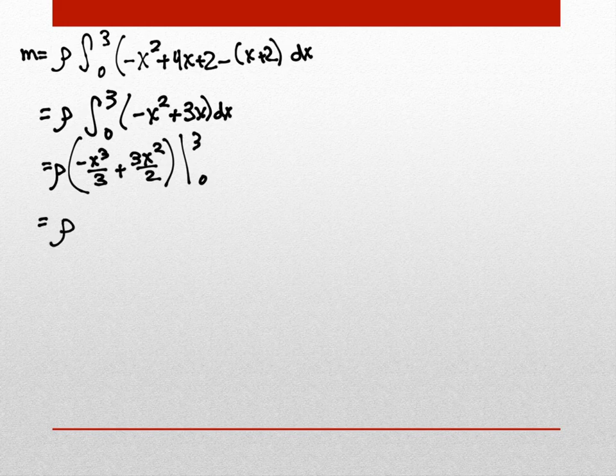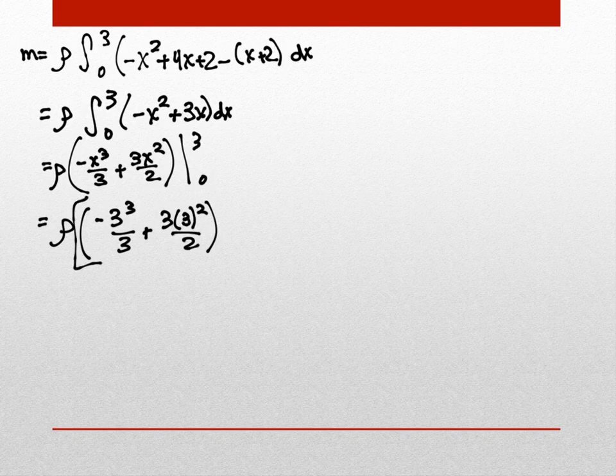So my rho will be multiplied by negative 3 cubed over 3 plus 3 times 3 squared over 2. And all of that subtracts the 0 off at the end. And this one ends up giving me 4.5 rho, or you can do 9 rho over 2.